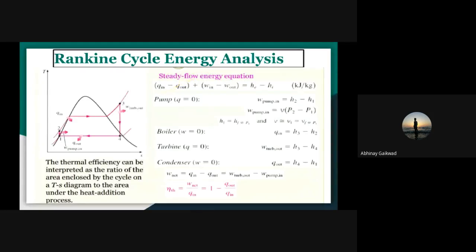q in means the heat addition in the boiler, minus heat rejection in the condenser, q out, plus the work input to the pump and work output of the turbine, that is w in minus w out, is equal to the enthalpy at exit minus the enthalpy at inlet, that is he minus hi.